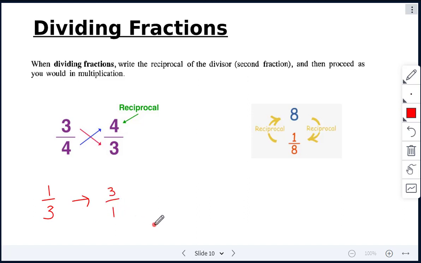If I had the number 25, which is the same thing as 25 over 1, its reciprocal would become 1 over 25. That's what reciprocal is. You do need to know what a reciprocal is to be able to do division.